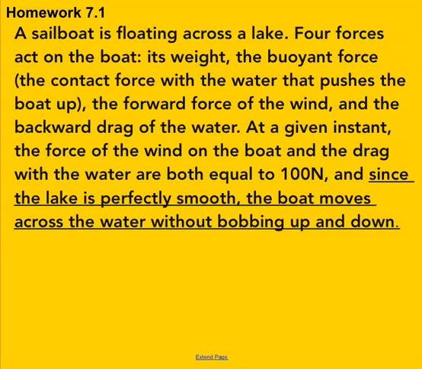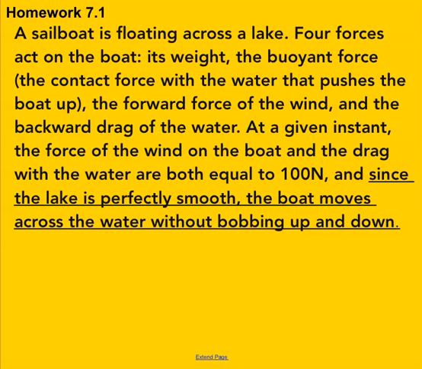So you have the wind, it's a sailboat, so you're going to have wind to make it go. Now, notice how it says at a given instant, the force of the wind on the boat and the drag with the water are both equal to 100 newtons. So in this scenario, there's the push of the wind on the sail, which the boat's connected to, so think of it all as one, and a drag.